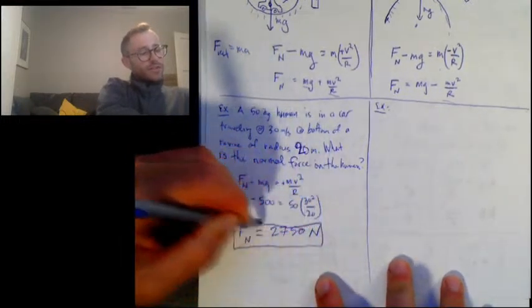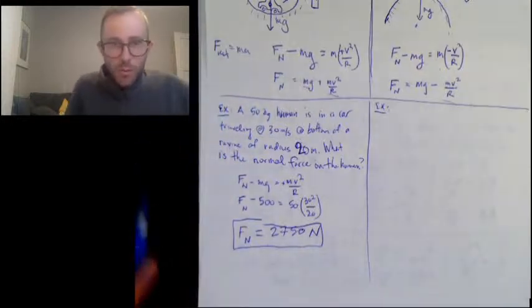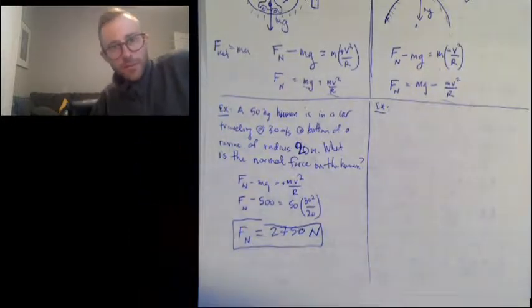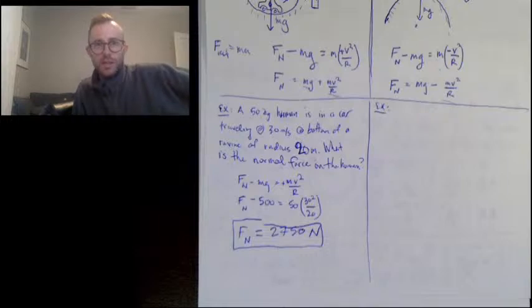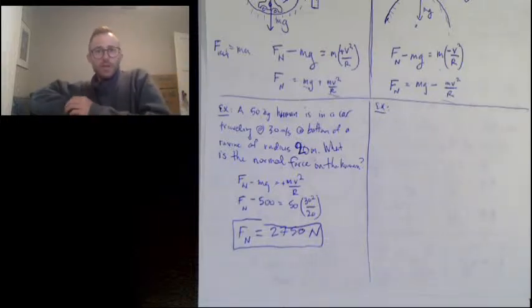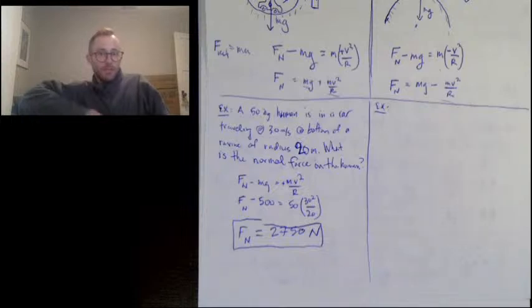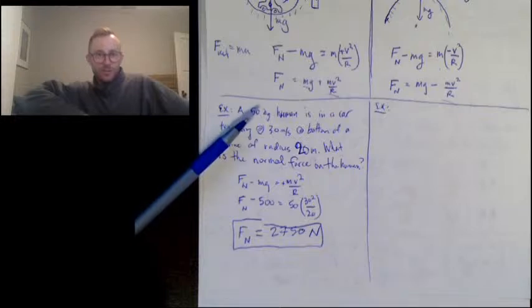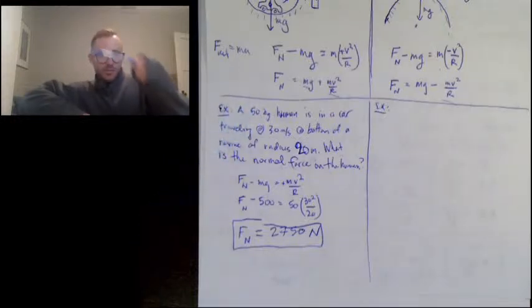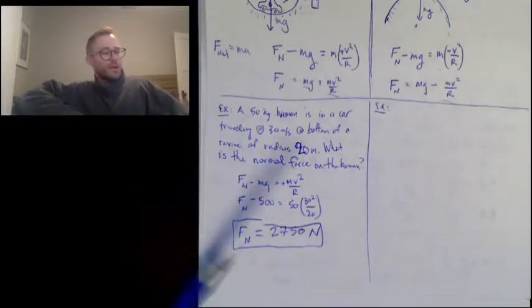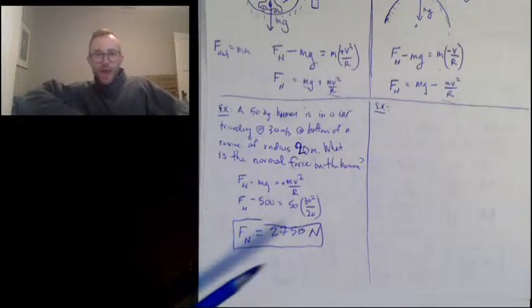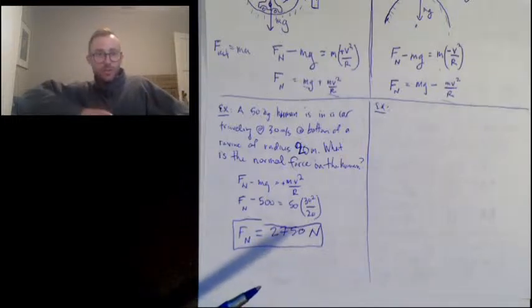Now this is kind of interesting, because if we think about the normal force on a 50 kilogram human who was just standing on flat ground, that would be a scenario where normal force is equal to the weight. The weight of this person is 500 newtons. So because this human is moving in a circle, at the bottom of a ravine, they actually experience more than 5 times the usual normal force.